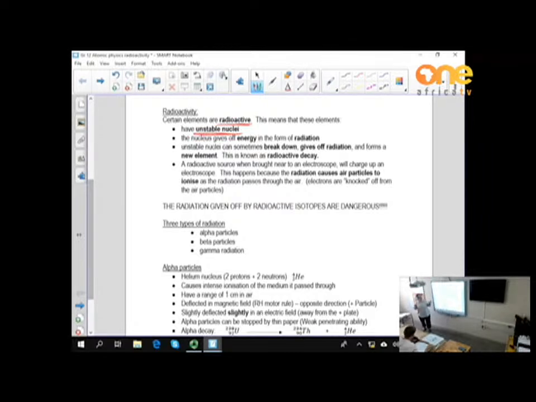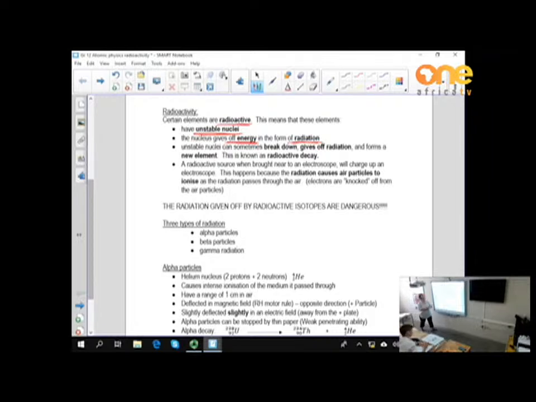Sort of important, radioactivity is a form of energy that comes from the nucleus of an element. So we refer to the nucleus as being unstable. The nucleus gives off energy in the form of something called radiation, and radiation is a collective word. We'll come back to that in a moment.